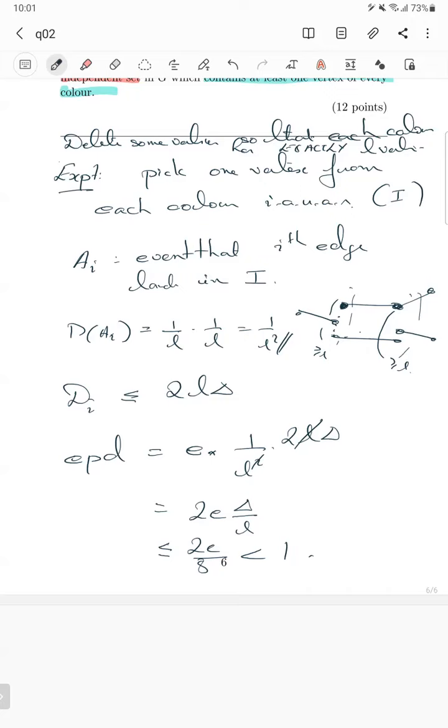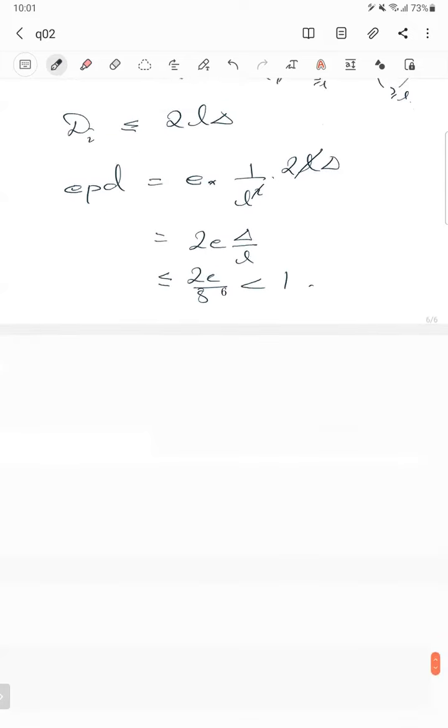Sir, I don't exactly remember what I did. Okay, what I had tried was like the events being that between a pair of colors there is an edge. So now your events are, there are k colors, right? So k choose 2 events.